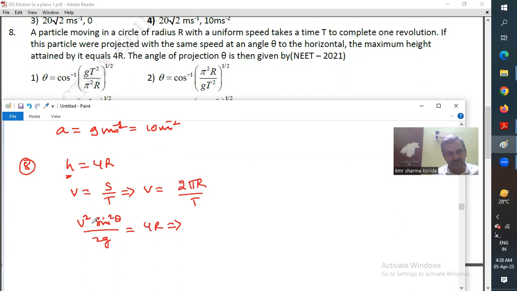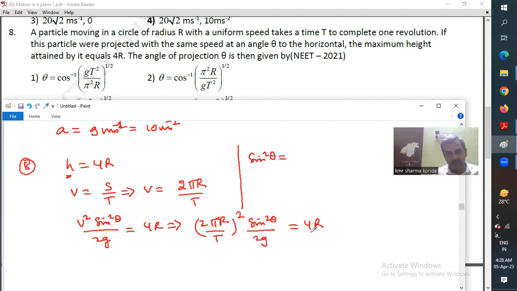Now let us substitute this V here. (2 pi r by t) whole square along with the sin square theta divided by 2g is equal to 4r. Now we need to find out sin square theta first.